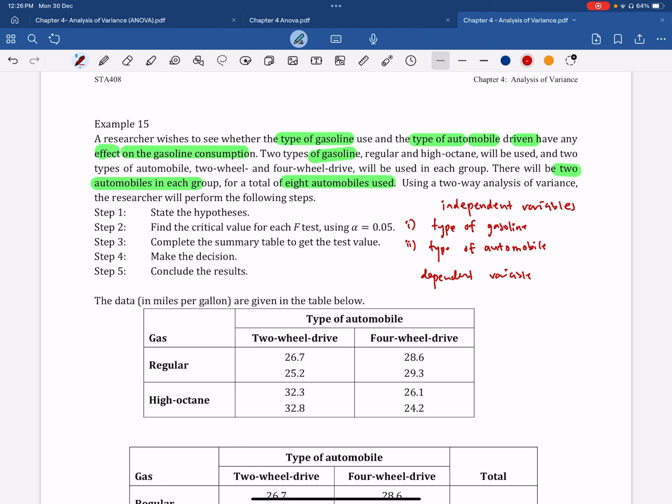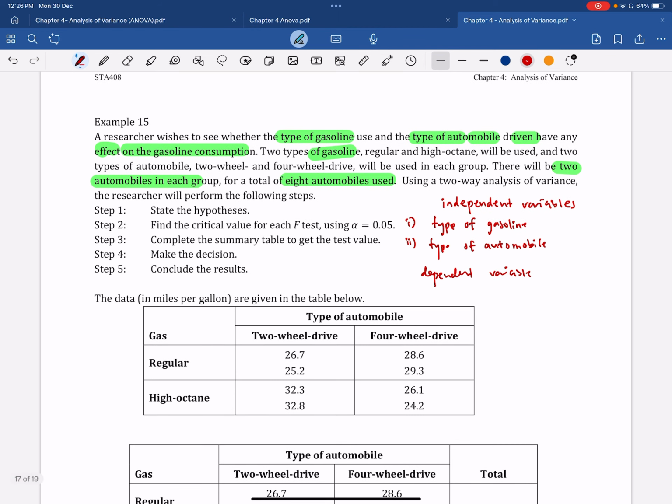The dependent variable is what we measure, which is gasoline consumption. So gasoline consumption will be your dependent variable.